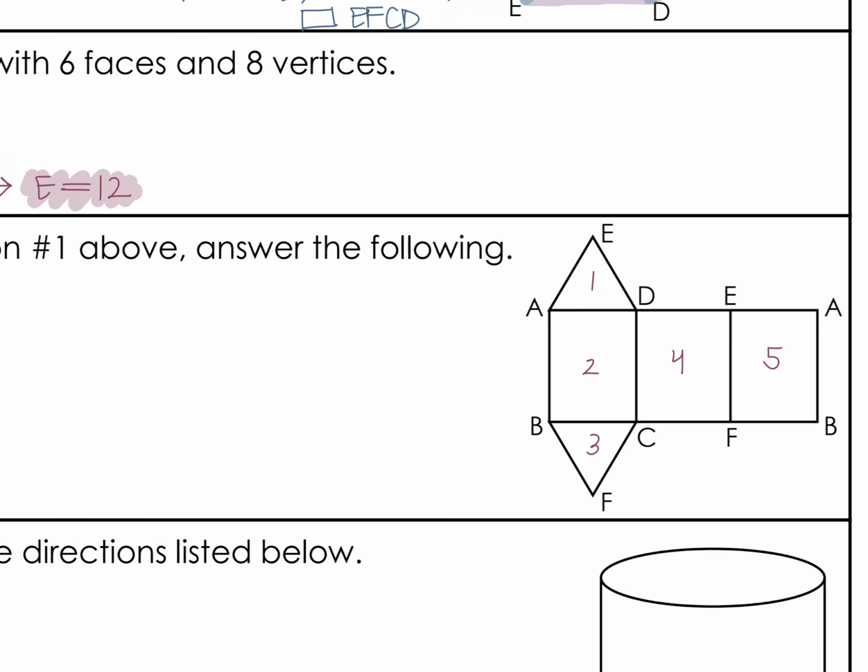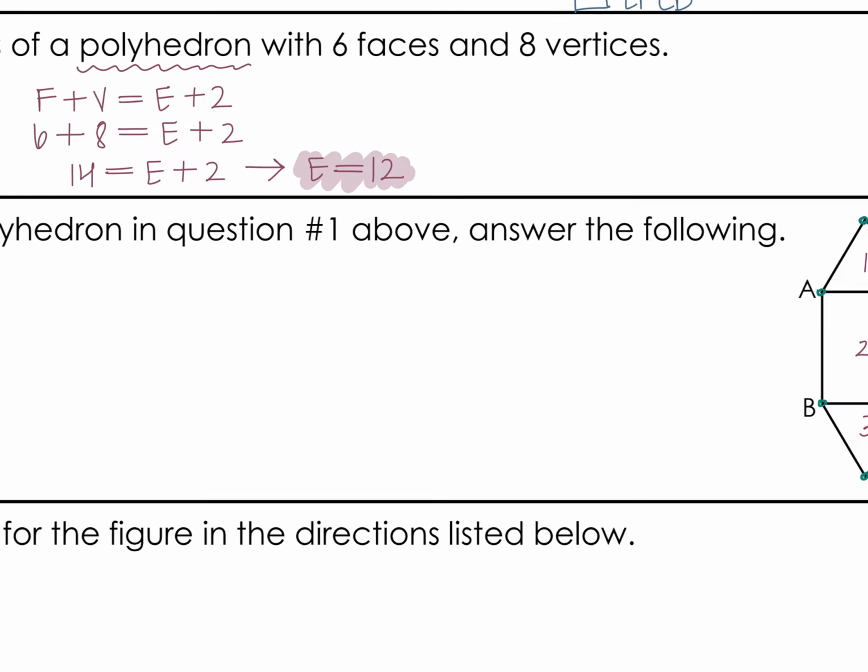Remember, the vertices are those points. And here, we would have 1, 2, 3, 4, 5, 6, 7, 8, 9, and 10. Because this is a net, we are going to have some multiples because it's being laid out, and that's okay. You can still count them each time those lines intersect to form that vertex. We are going to count that as a new one. So we've got 10 here.